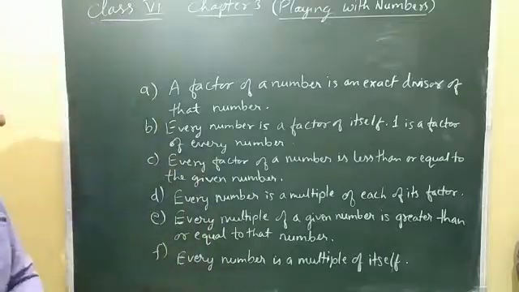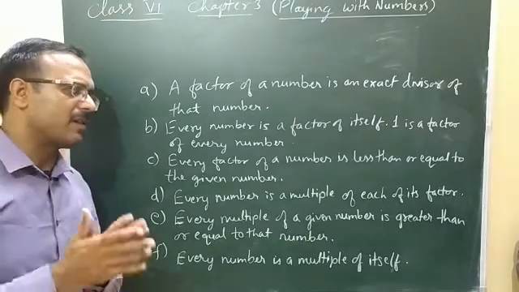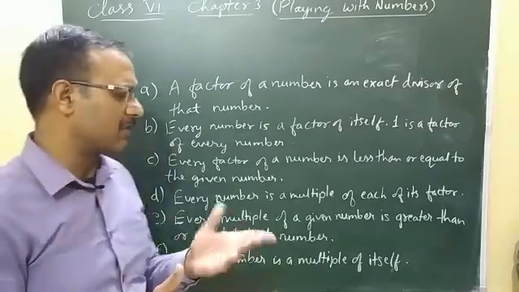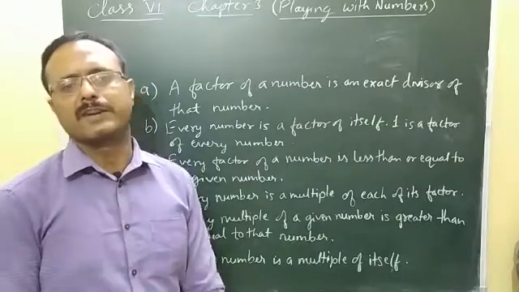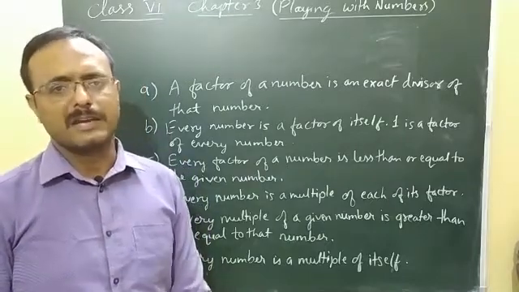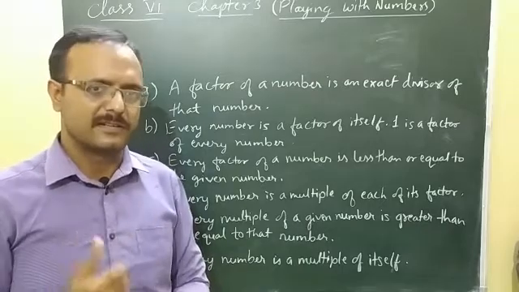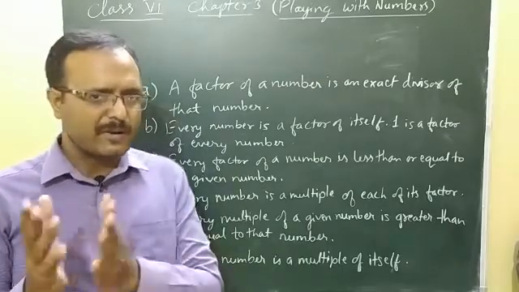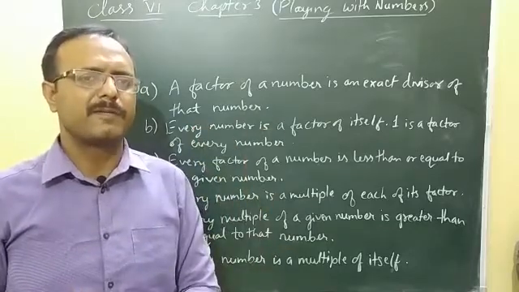The next point is: every multiple of a given number is greater than or equal to that number. Suppose 15 is the given number, then it is considered a multiple of its factors, and the greatest factor will be 15 only.